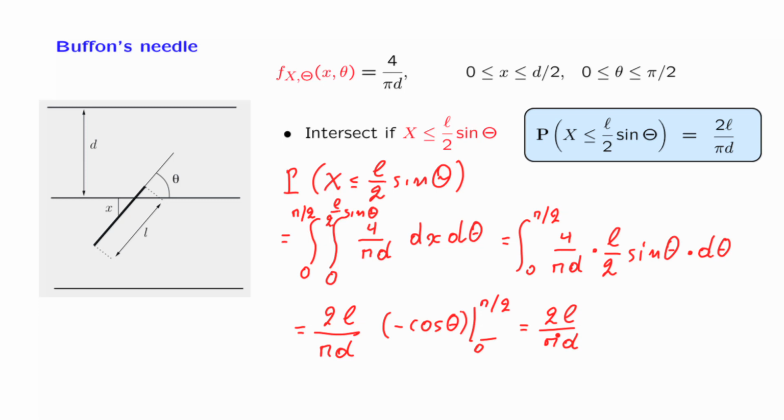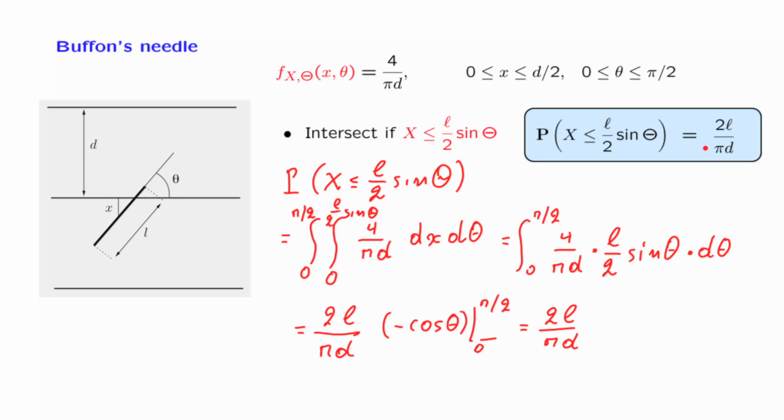And now a curious thought. Suppose that you do not know what the number pi is, and all you have in your hands is your floor, lines drawn on your floor, and the needle, and you do know the length between adjacent lines on your floor, and you do know the length of your needle.